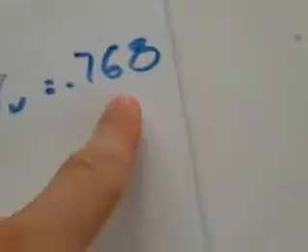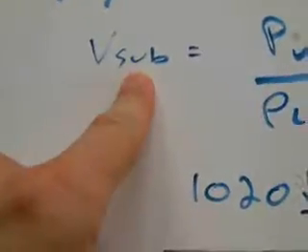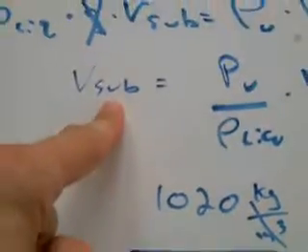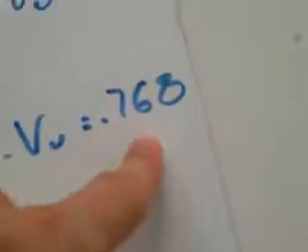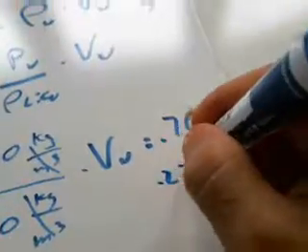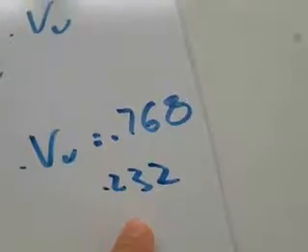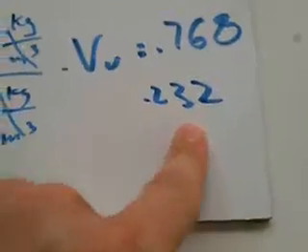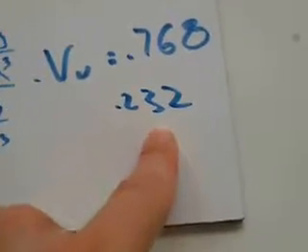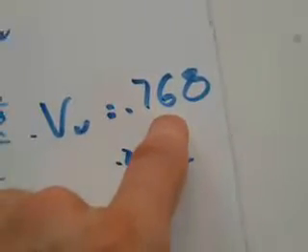So 76.8% of u is submerged. The percent that is above water is 100 minus that, and it ends up being 0.232 of u above water. So 23-ish% of u is above water, and 76.8% of u is submerged.